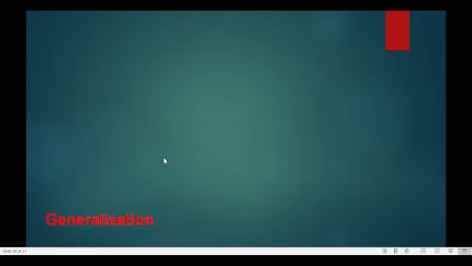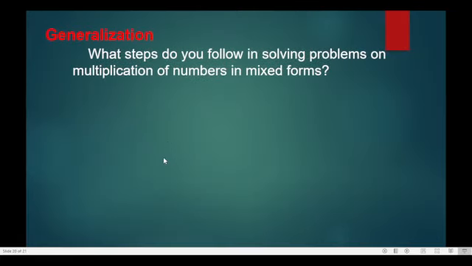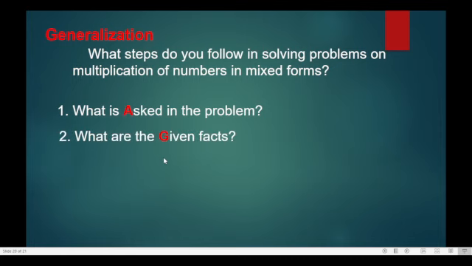Okay, so to generalize, what are the steps you follow in solving problems on multiplication of mixed numbers? Of course, what is asked in the problem? What are the given facts?